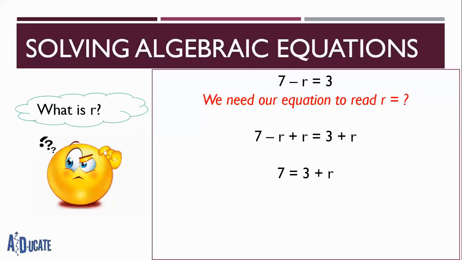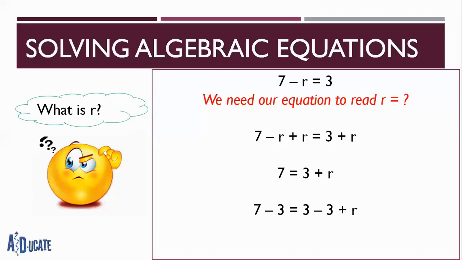So we are left with 7 on the left side is equal to 3 plus r. Our equation still does not say r is equal to something, so we need to get r all by itself. We need to get rid of the 3. That 3 is a plus 3 or positive 3. To get rid of it, we need to minus 3.